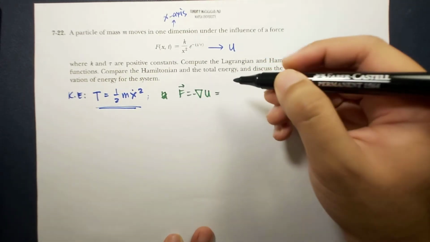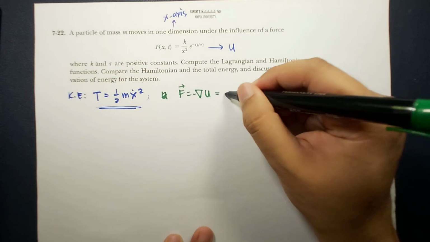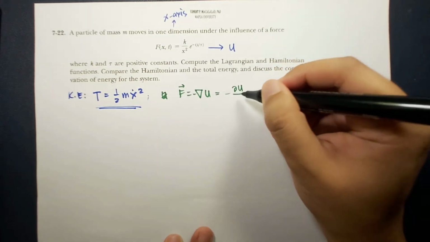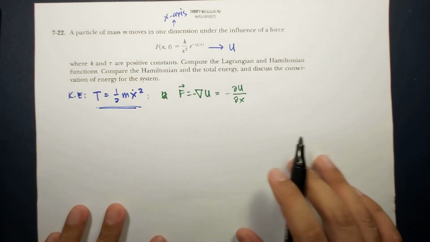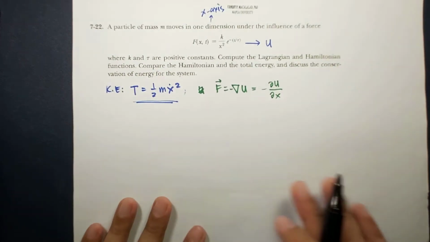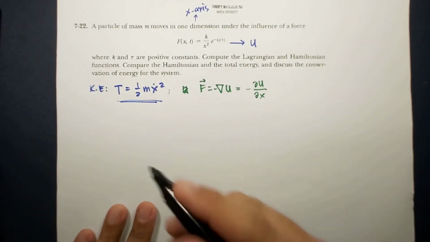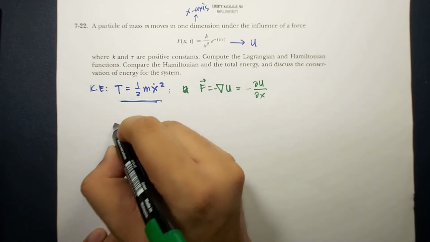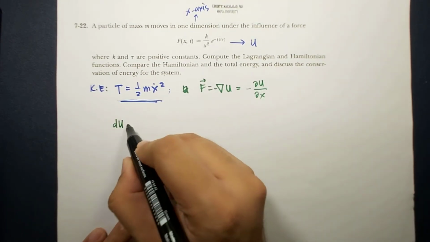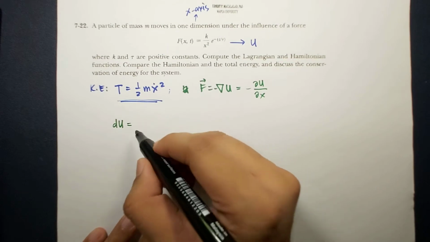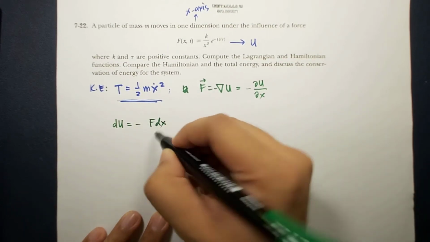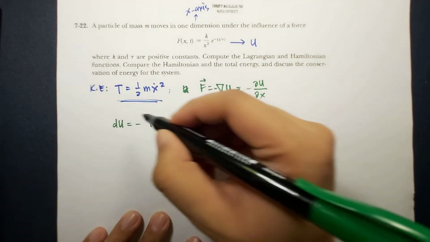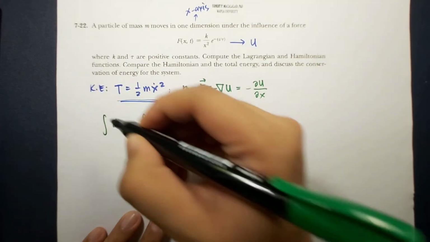So this is equal to negative partial derivative of U with respect to x. Now to solve this, we can rewrite this as an integral equation, wherein dU would be equal to negative F dx. Okay, so here we integrate both sides.